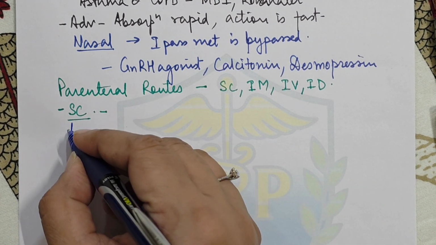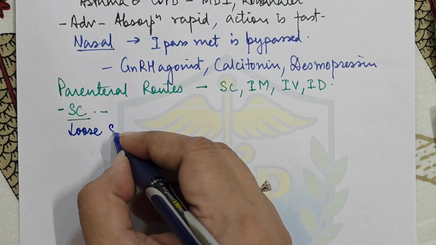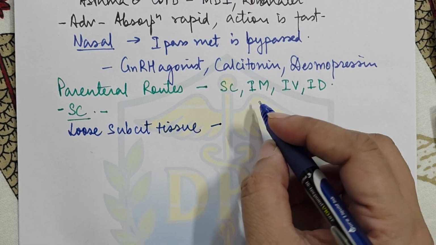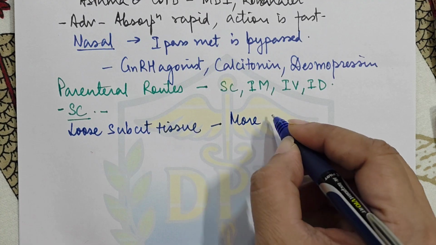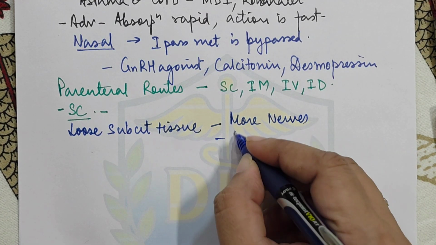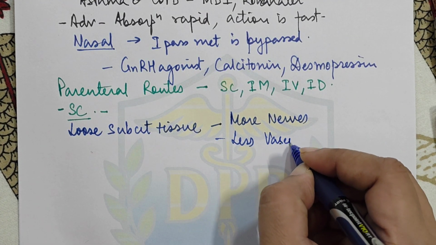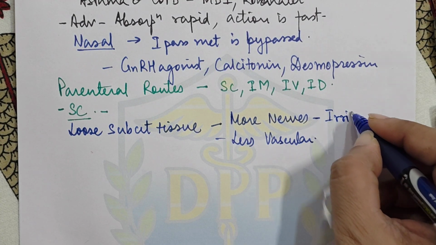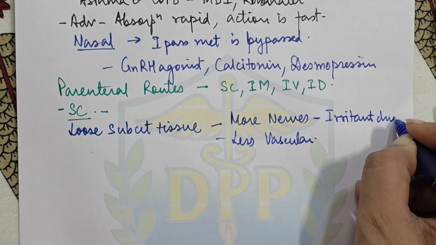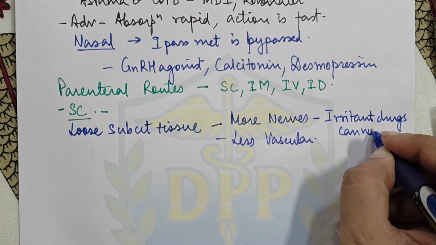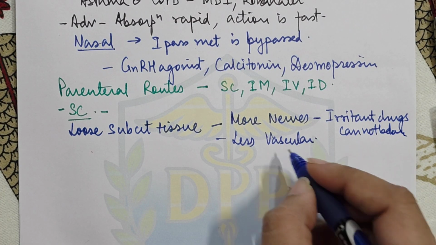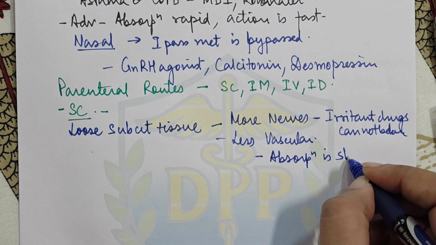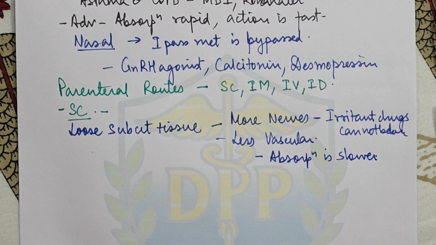In the subcutaneous route, the drug is injected in the loose subcutaneous tissue. Its特 feature is that it has more nerves and is less vascular. Because of this, irritant drugs cannot be given. Being less vascular, absorption is slower than other routes like intramuscular.